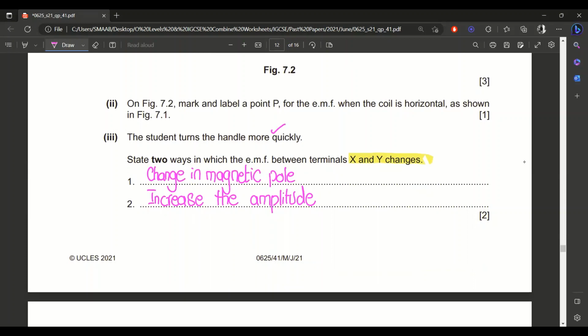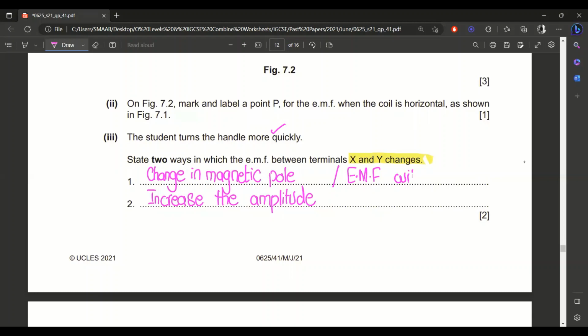If they say that a student is turning the handle very slowly, it means the EMF will decrease. So they are talking about the student turning the handle more quickly, so it means it will increase the amplitude. And the third point you mentioned, that EMF will increase, is also valid.